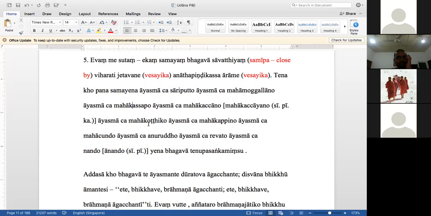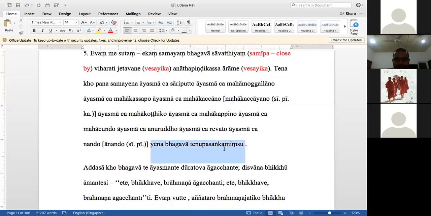Ayasma ca Mahakotthita, Ayasma ca Mahakappina, I'm using the Kappina word, is that right? Ayasma ca Mahachunda, Ayasma ca Anuruddha, Ayasma ca Revata. So all these, 1, 2, 3, 4, 5, 6, 7, 8, 9 monks approach the Buddha.